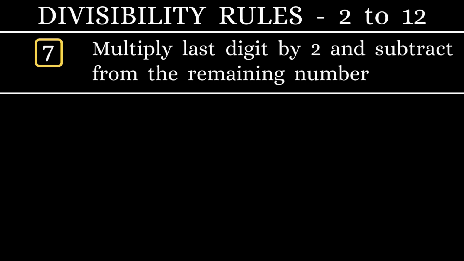If the answer which you get is divisible by 7, then the original number is also divisible by 7. Let's check out with these examples.